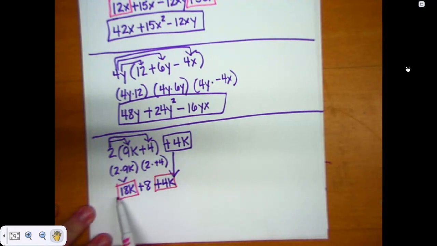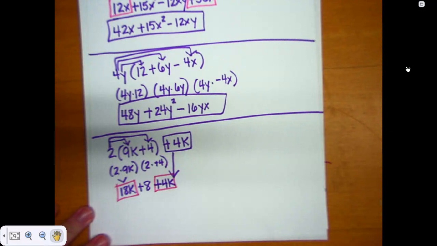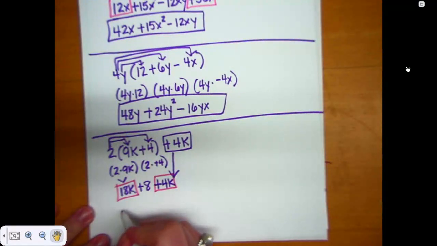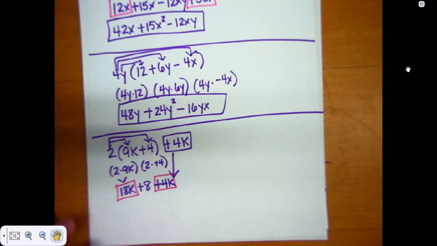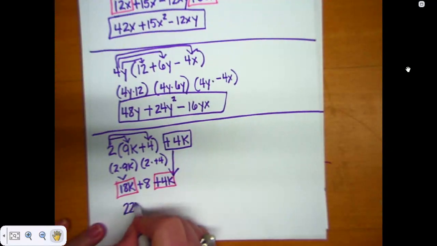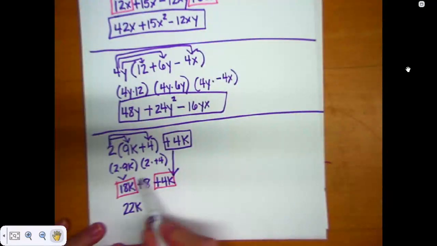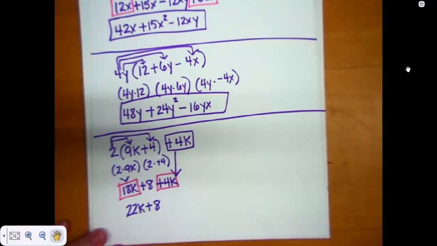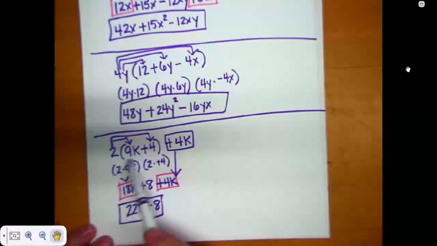My signs are the same, so I'm going to add. And I'm going to get positive 22k. And I can't leave this out, so I'm going to bring down my plus 8. This is the most simplified version of this.